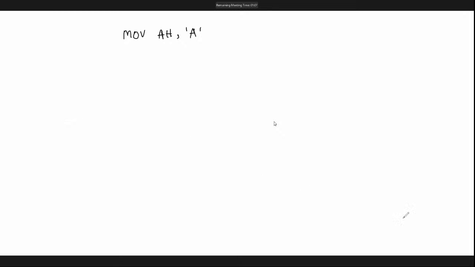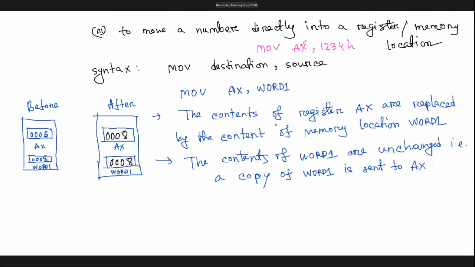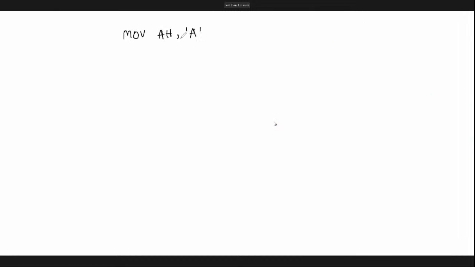It falls in the third category. You can see here, the third category is to move a number directly into a register. So if you write move H, comma, A, what value will it get?